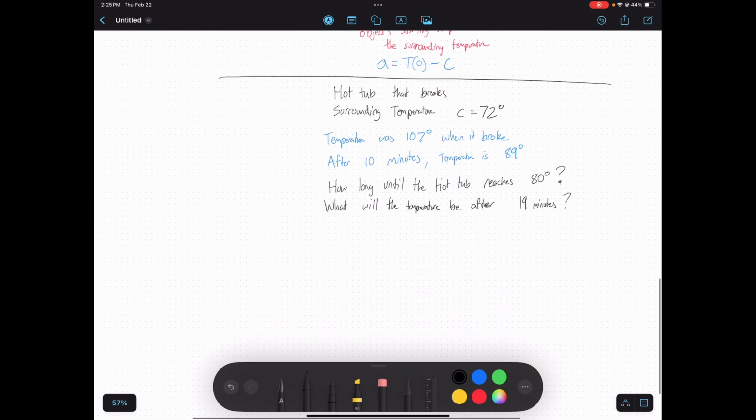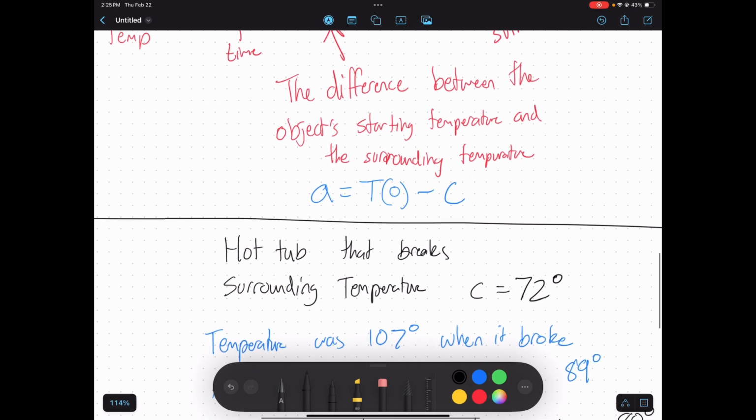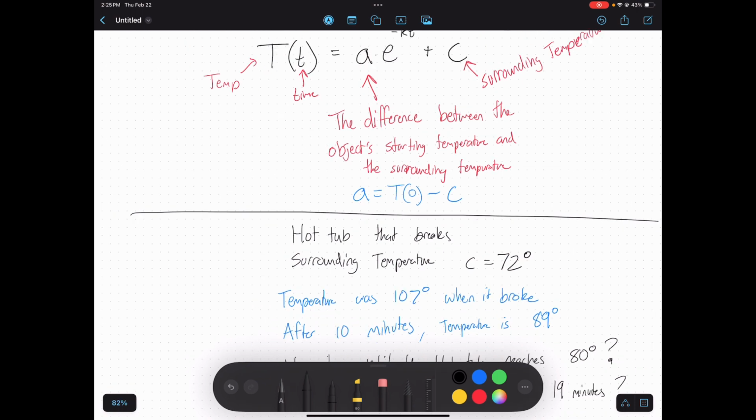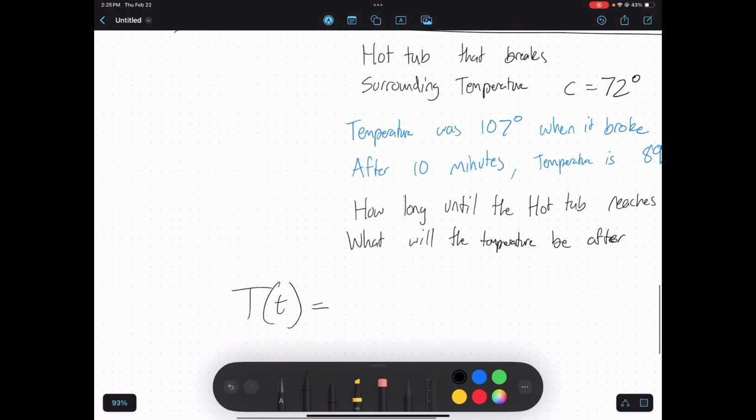So let's set up my equation as best as I can. Temperature of T equals, well, once again, I can solve for A, but as long as we understand what A is going to represent, I can go ahead and put it in right now. A is my difference between the starting temperature and the surrounding temperature.